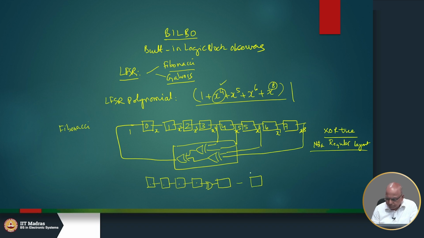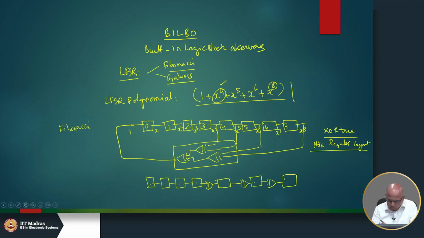And then the next one will be here, and then x power 6, so one more. So, to the left of the first XOR gate we will have 4 delays, to the left of the second one we will have 5 delays, and to the left of the third one we will have 6 delays.